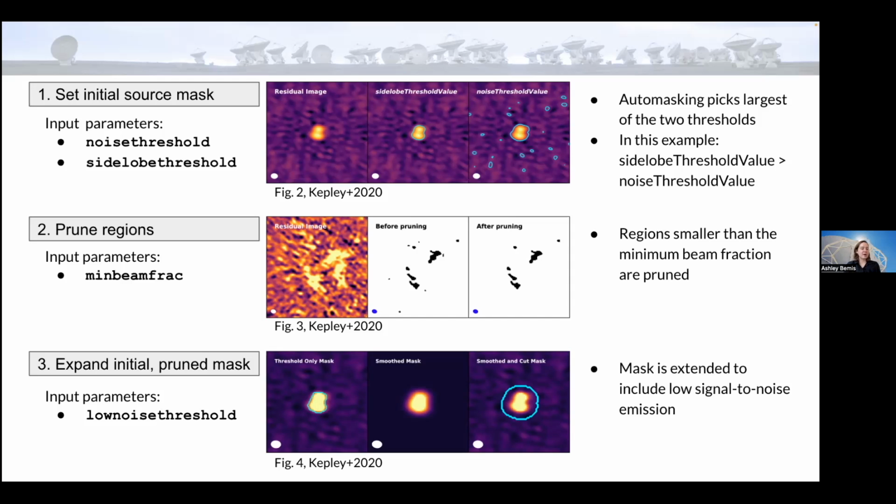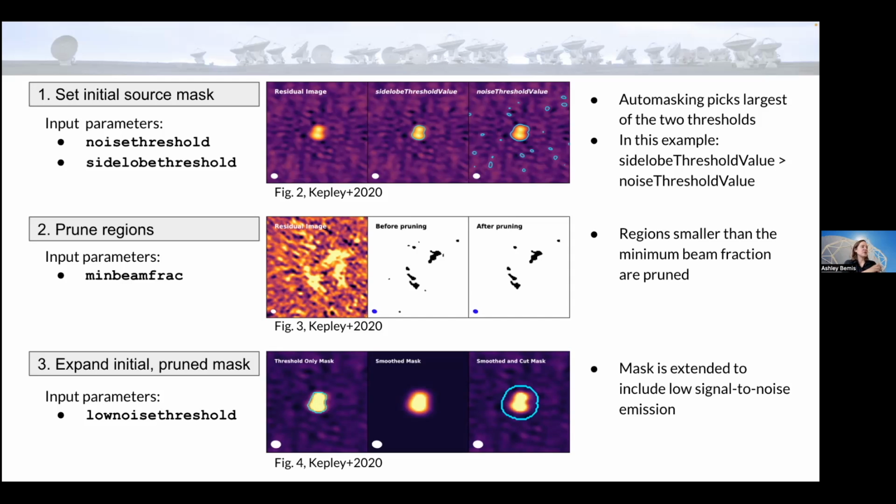Now, the second step that auto masking takes is the pruning step. The relevant input parameter for pruning, which I have listed here, is minbeamfrac. Essentially, you can specify a minimum beam fraction of the clean or mask regions that you want to keep within your mask.